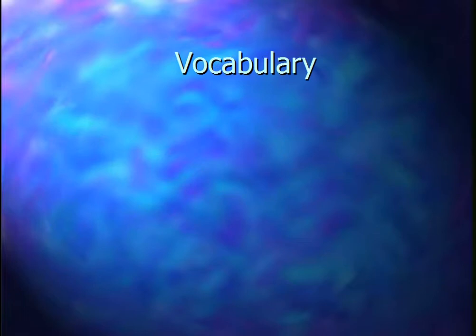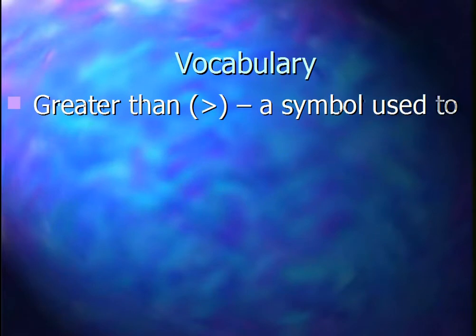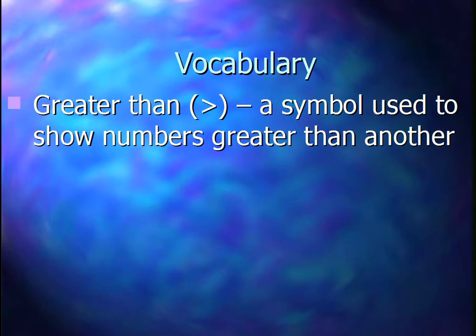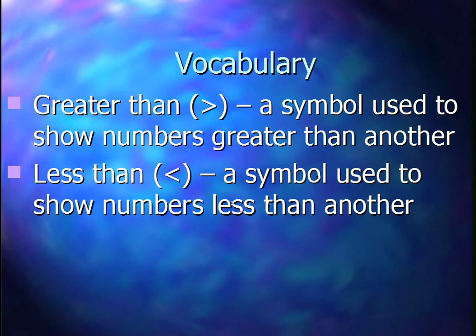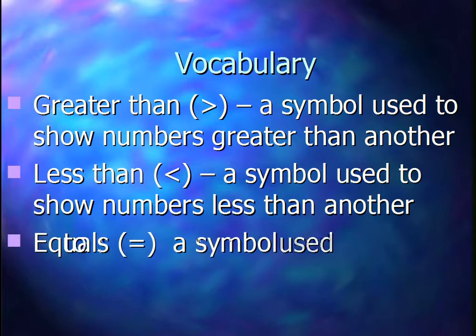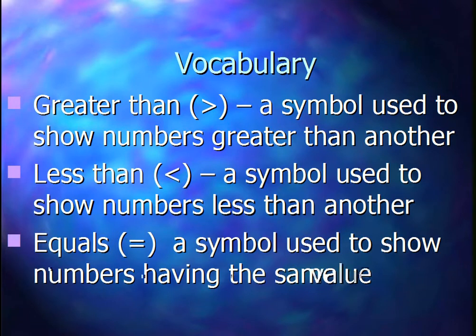All right, the vocabulary you will need to know. Greater than, that's the symbol used to show numbers greater than another. Less than, that's a symbol used to show numbers less than a number. And equal, a symbol used to show numbers having the same value.